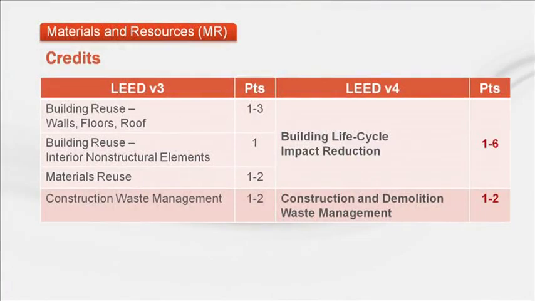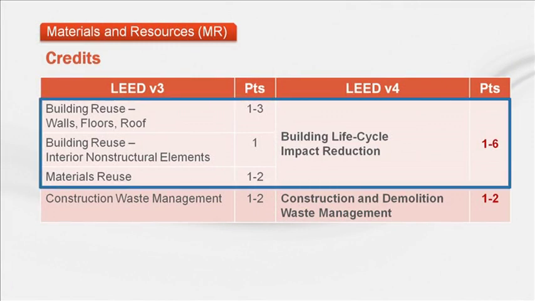Moving on to the credits, there has been a lot of shuffling and renaming in this category. We will not explain many details about how these credits have changed. Too much simplification does not do justice to the work done by USGBC and the many stakeholders around the world. As shown in the slide, the 2 building reuse credits and the material reuse credit have all been combined into one single new credit titled Building Lifecycle Impact Reduction.